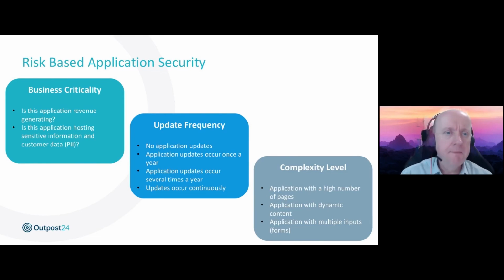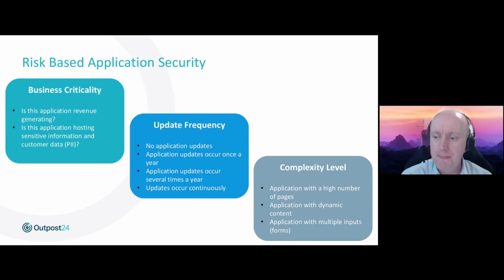So how do we decide which type of testing we actually need to do? When do we need to do manual penetration testing on a periodic basis, or when do we do continuous testing? We need to look at the criticality of the application itself.